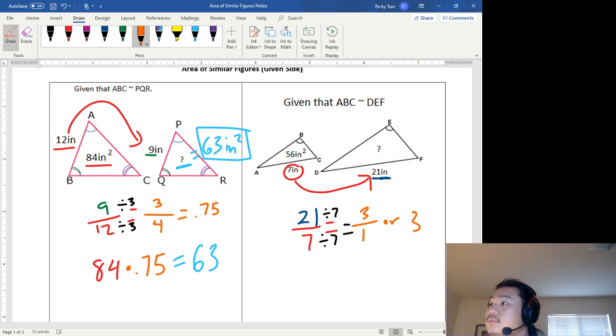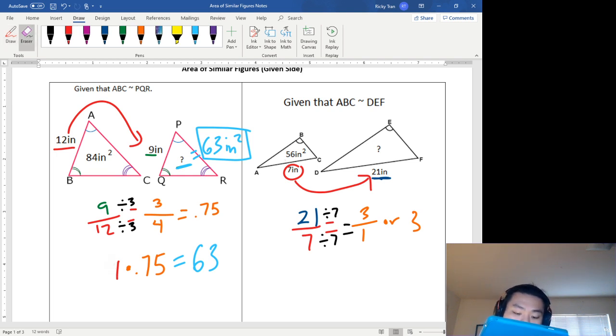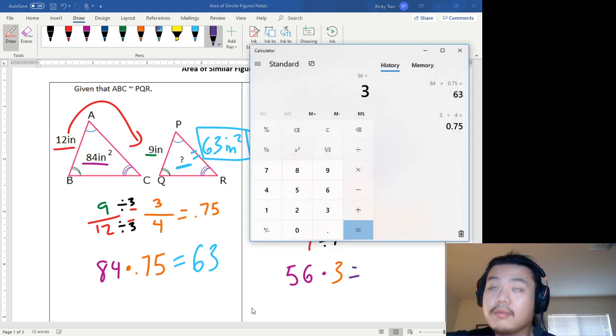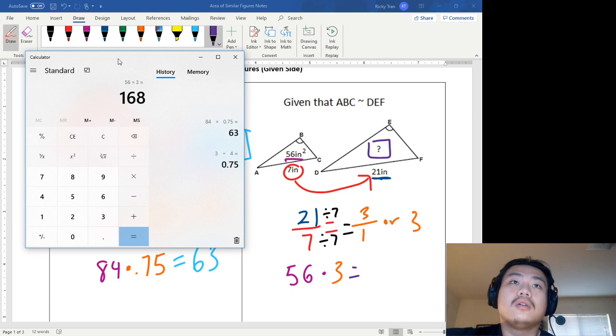Okay, good morning. From there, we're going to take the value of 56, and we're going to multiply that by our scale factor of 3, which will give us 168.